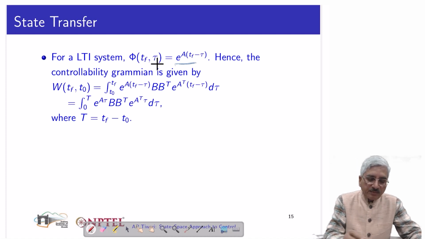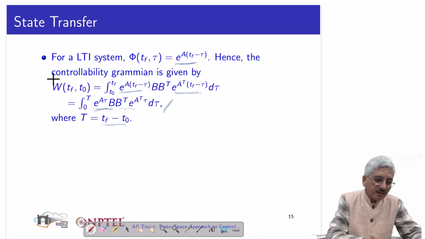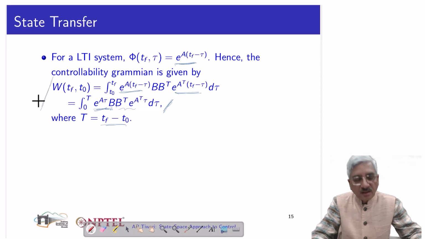So in the controllability Gramian, in place of phi we get this matrix exponential, and it gets further simplified like this: integral from 0 to tf minus t0 of e^(A tau) B into its transpose, B transpose e^(A transpose tau) d tau. This becomes the matrix W in the case of linear time invariant systems.